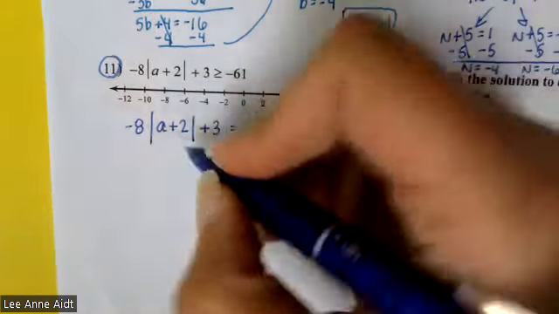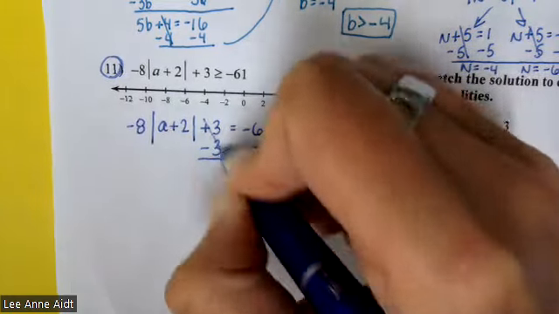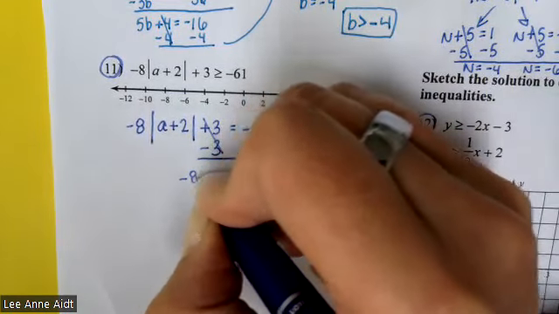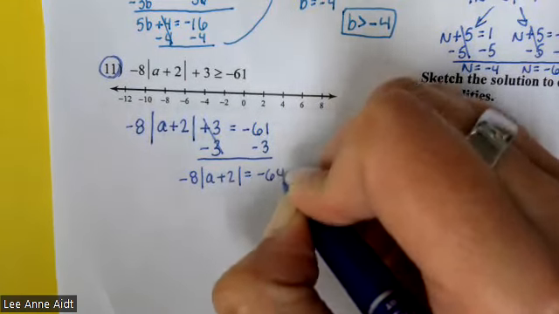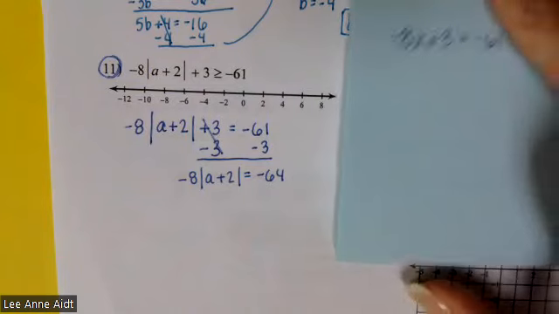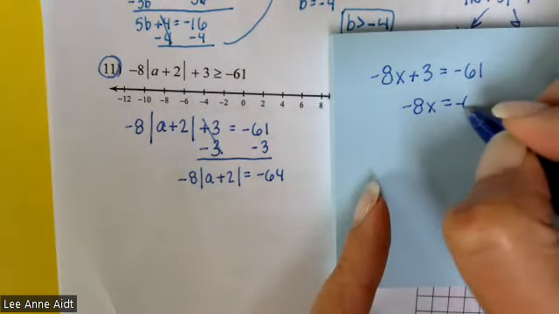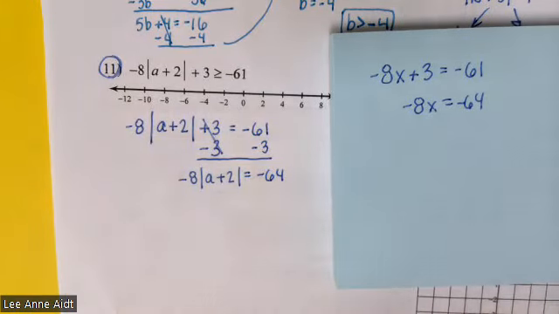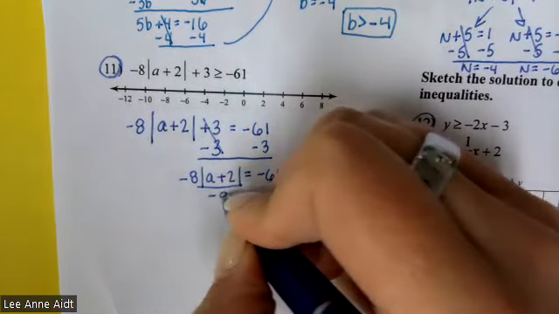So that's the same thing you do on this problem. And then on the Post-it note problem, what would I do next? Divide them both by -8, but yes, I knew what you meant.